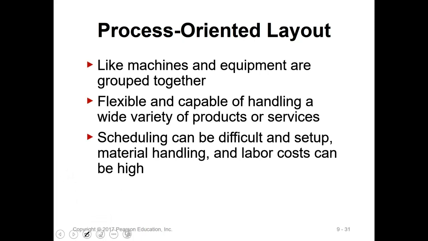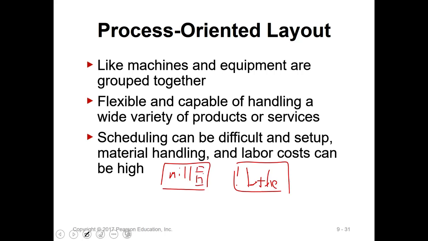And this is all the milling area, mill. And this is all of the lathe area. When we say it is an area, it may not be just one machine, could be multiple machines over here. And here it is lathe.